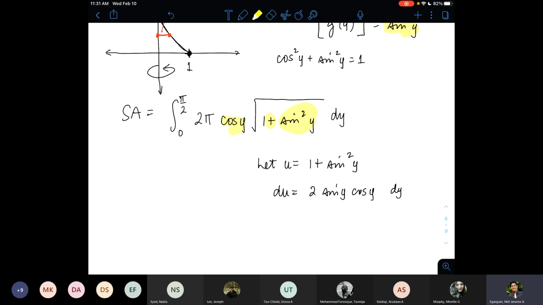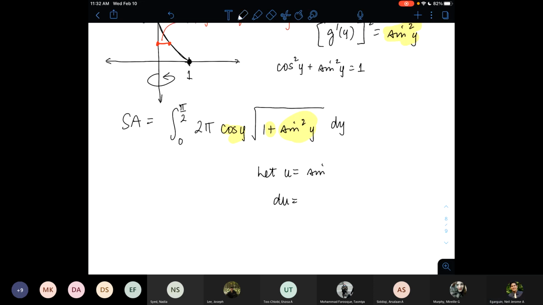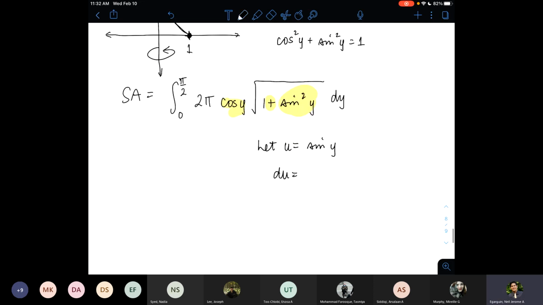Let's see. If I let u be equal to sine y, let's see if that will work. Then du would be cosine y dy, which would be fine.